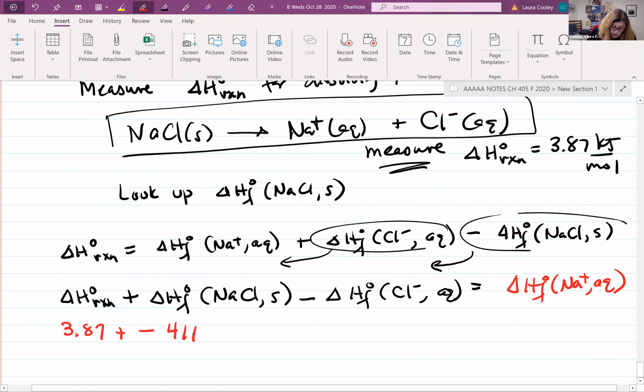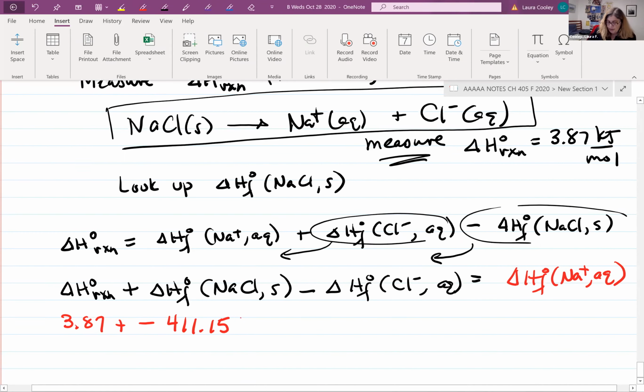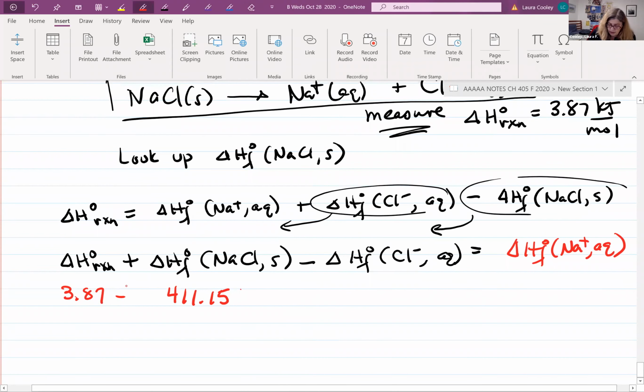We talked a little bit about it last time. Remember, it was a big negative number because sodium chloride is quite stable, minus 167.16 that we've already talked about. And so this comes out to be negative 240.12.